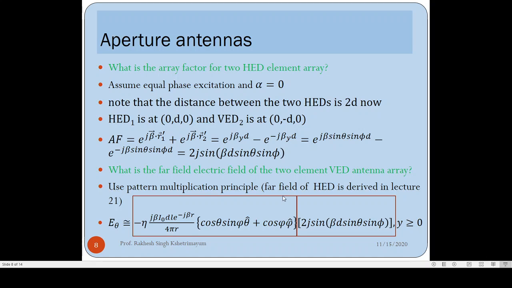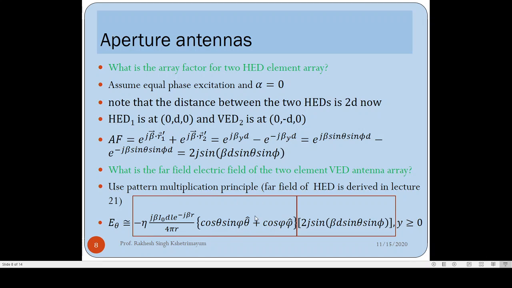So now this horizontal electric dipole, unlike the vertical electric dipole, will have both theta and phi components. So this should be E here because we have both theta and phi components. I will correct this in the updated slides. So the electric field in the far field will have both theta and phi components.